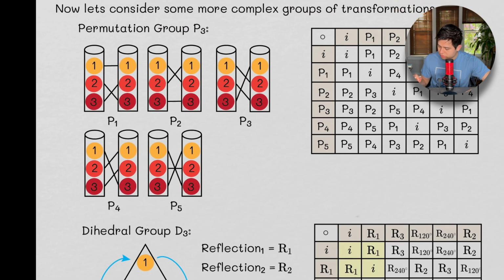But let's just cover this really quick. P5, P2, and P1 are swappings, right? So 1 swaps with 3, 2 swaps with 3, and 1 swaps with 2. And so these are all the different possible permutations that we have for this group P3, okay?